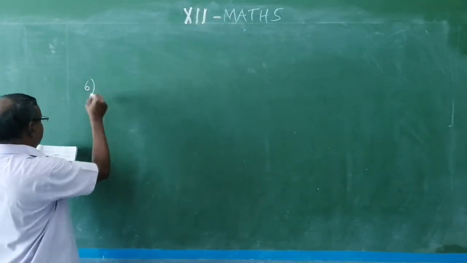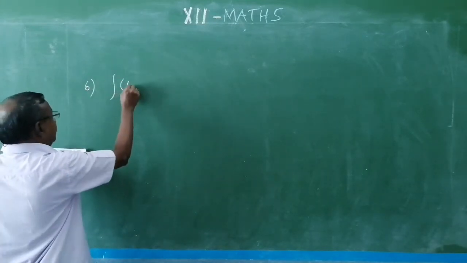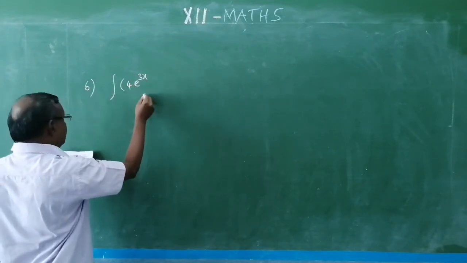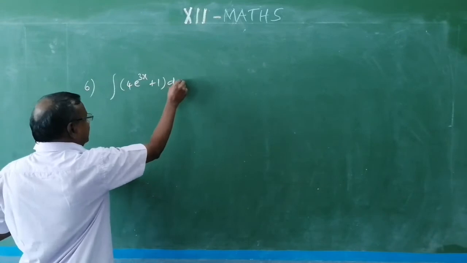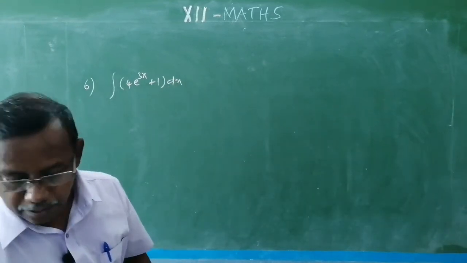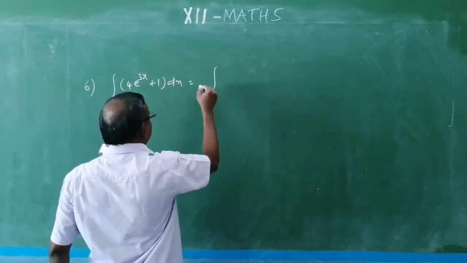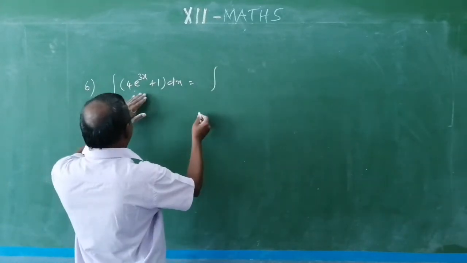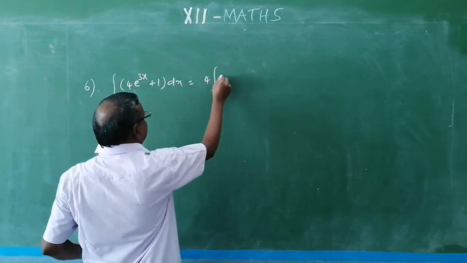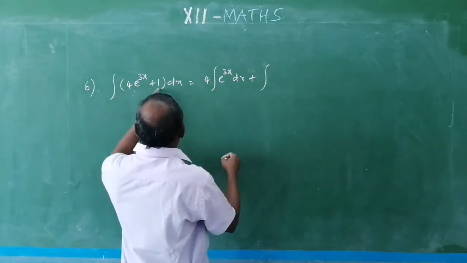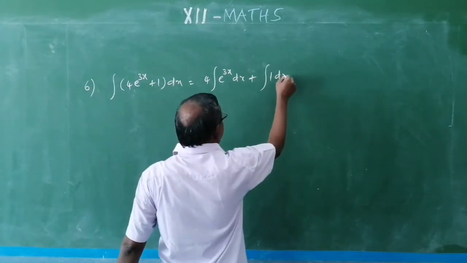The 6th problem: integral of 4 e power 3x plus 1 into dx. By property we can split this: the constant comes in front of the integral symbol, 4 into e power 3x into dx plus integral 1 into dx.